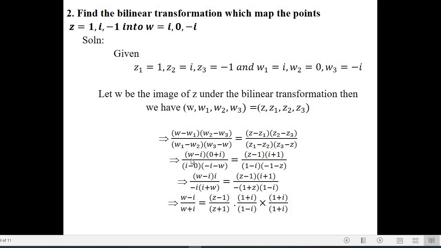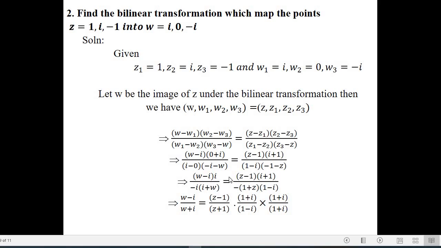So simplify: w minus i into 0 plus i is i, divided by i minus 0 is i. Take minus common factor, we get minus i into this, minus i minus w becomes i plus w, that is equal to, in the RHS, z minus 1 into i plus z, whole divided by 1 minus i into, taking minus common factor in this term, 1 plus z.